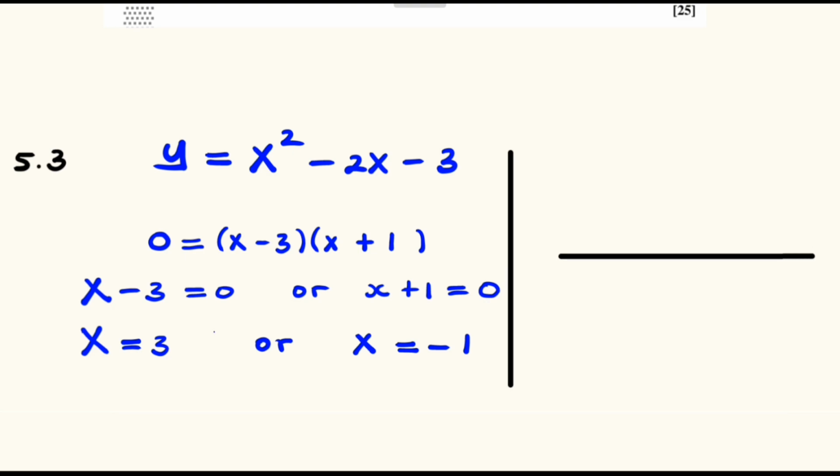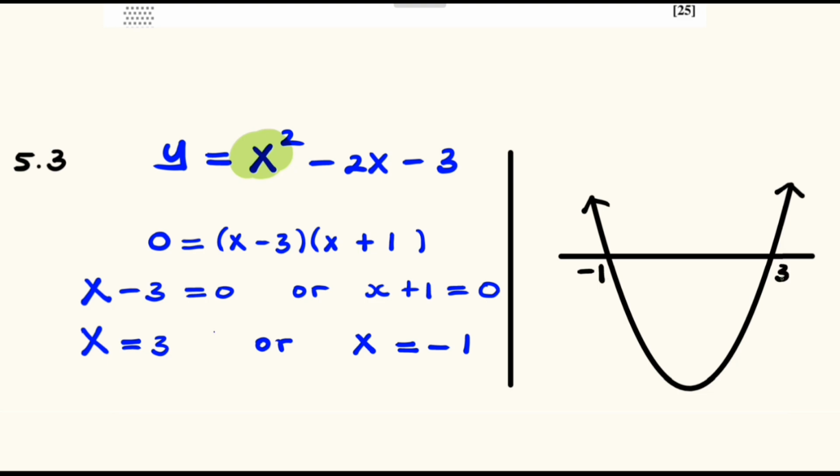Since that x squared is positive, our parabola will be a smiling one, and our x-intercepts, we have negative 1 and 3. We can determine the turning point even though it's not necessary. For the turning point, we add the two x-intercepts and divide by 2 to get the x coordinate of the turning point.